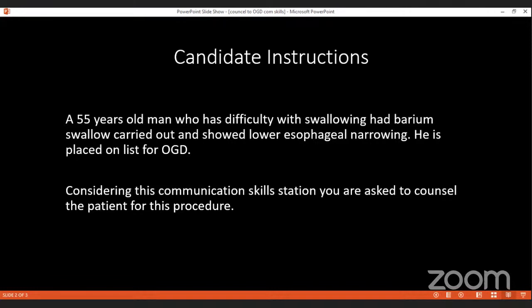So, doctor, what could be the complications of this procedure that you're going to do on me? Mr. John, you know that any procedure is not free of complications. With this procedure, we can have some bleeding from the inner lining of your food pipe and stomach. We can introduce some aspirate into your lungs, and it can cause some chest infection.